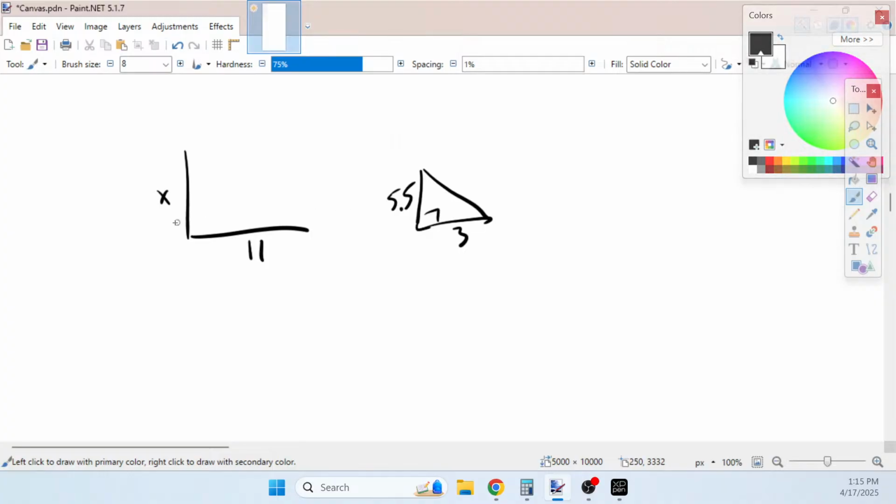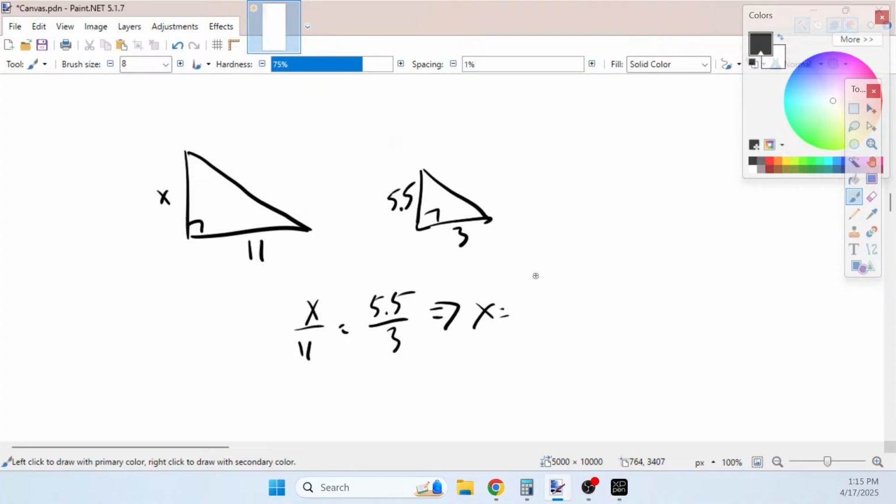So here's the pole. Here's Sarah. And all we do is we know x over 11 equals 5.5 over 3.